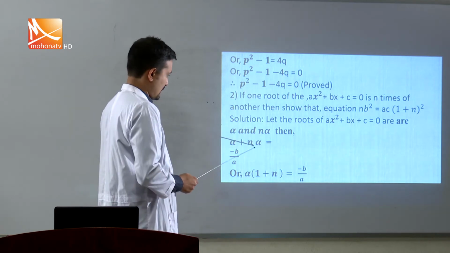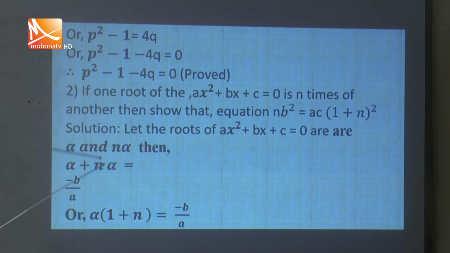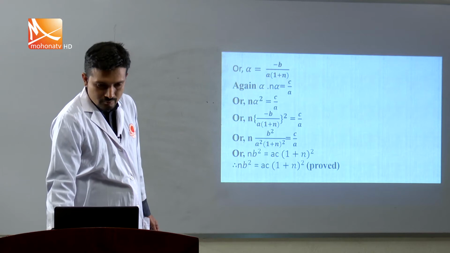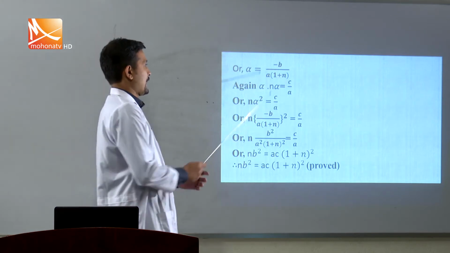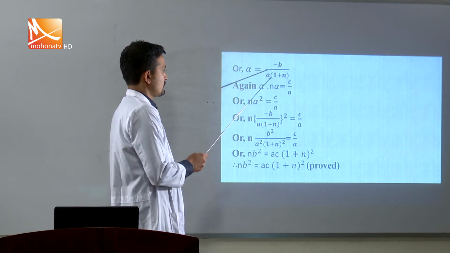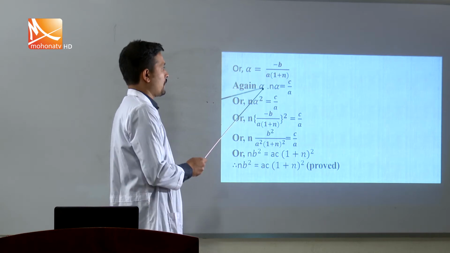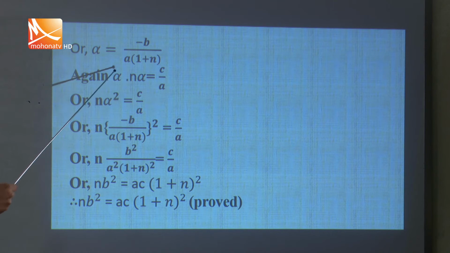Then the sum of the roots, alpha + n alpha, equals −b/a, and the product of the roots is c/a. Alpha plus n alpha, taking alpha common, alpha(1 + n) equals −b/a, or alpha equals −b/(a(1 + n)). Again the product, alpha times n alpha, equals c/a, or n alpha² equals c/a.